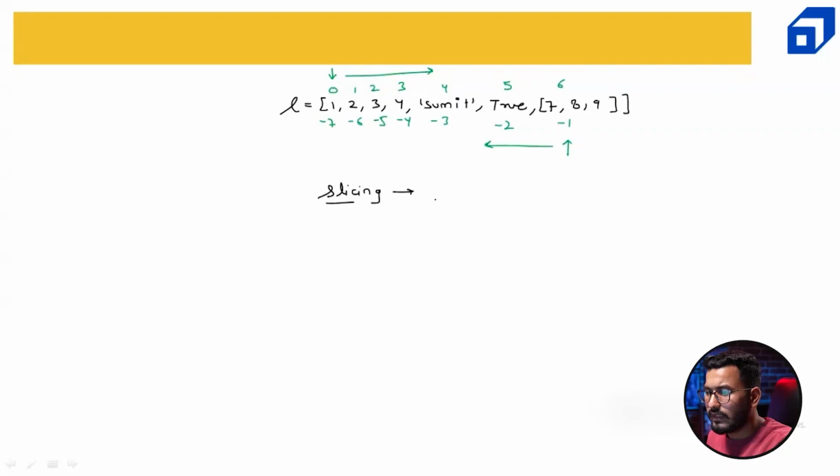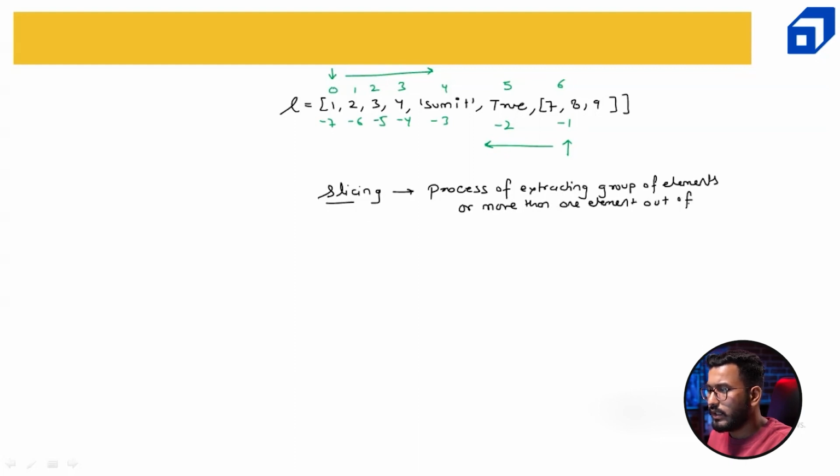Now slicing, what is slicing? Slicing is basically the process of extracting a group of elements, or more than one element, out of the list or any data object.